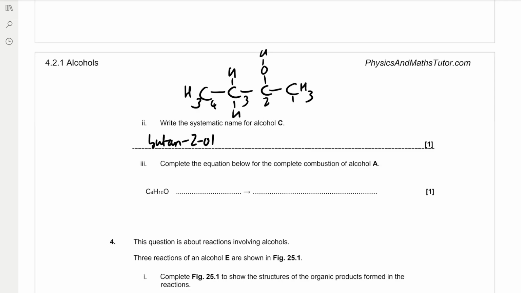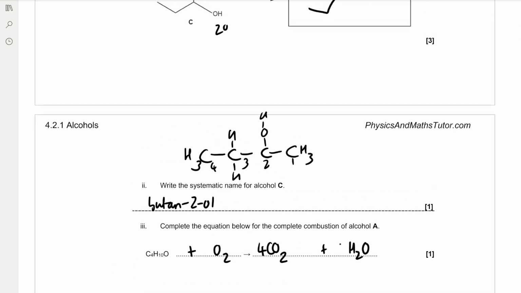Complete the equation below for the complete combustion of alcohol A. So in combustion, the fuel reacts with oxygen and forms carbon dioxide when it's complete combustion, and water. When we're balancing combustion equations, we want to start with the carbons, so we'll balance the CO2 by putting a 4 in front of it. Then we want to balance the hydrogens, so we balance them by putting a 5 in front of the H2O.